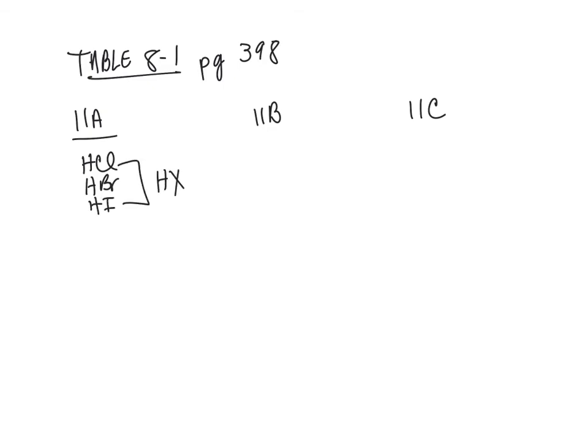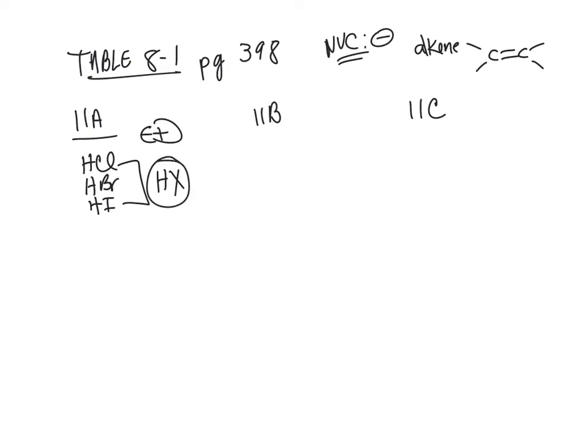So you're going to see that as HX. So these are the electrophiles we're adding. What's the nucleophile? It's the alkene. Most reactions always have a nucleophile and an electrophile. So there's your nucleophile, and this is the electrophile we're adding, because this is electrophilic addition to alkenes.